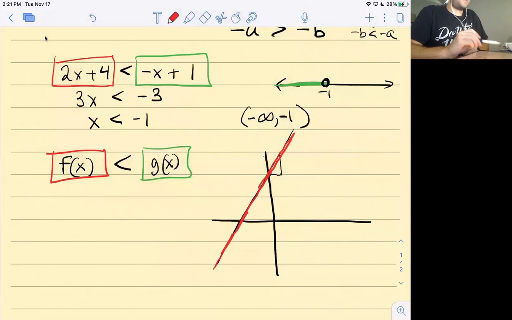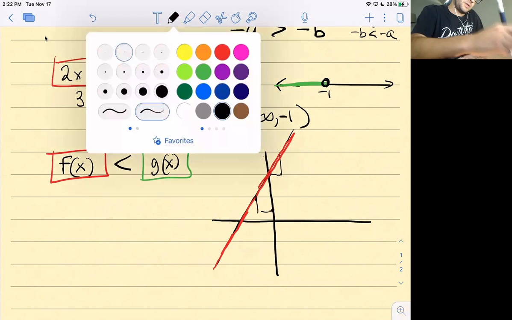Nice, it's negative 1, which is the coefficient of this one. And the intercept is at 1. So this one starts over here, and then it goes down 1, over 1, because it has a slope of negative 1. Oh, let me change the color, so I'll make it green.